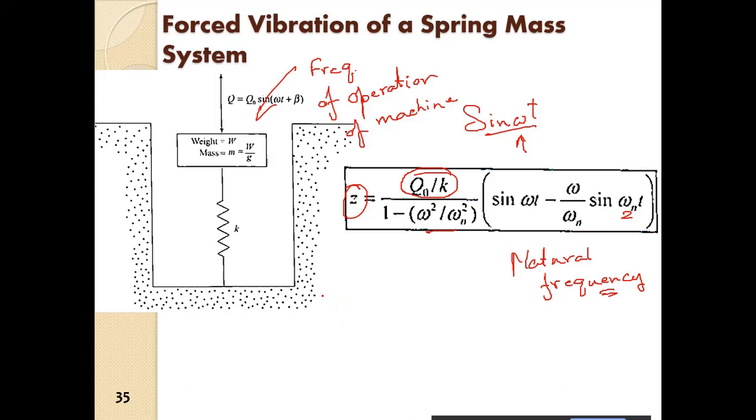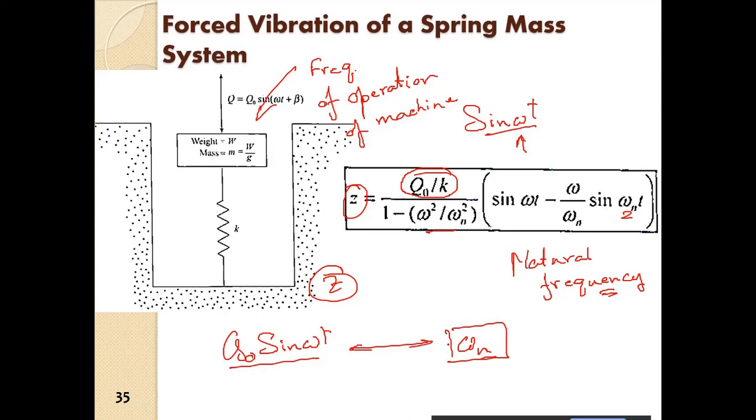And this Z is the combined displacement function for these two superimposing motions. We have Q naught sine omega t, the force, and the natural frequency omega n of the system. The two motions are superimposing, and we have the total displacement Z in this manner.